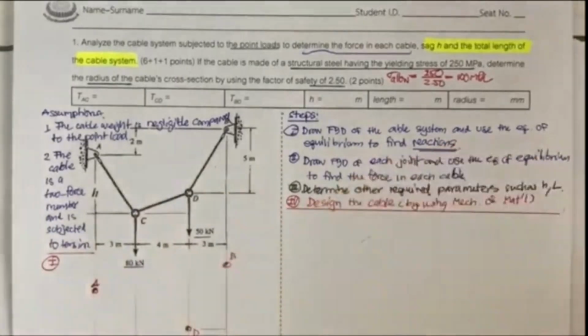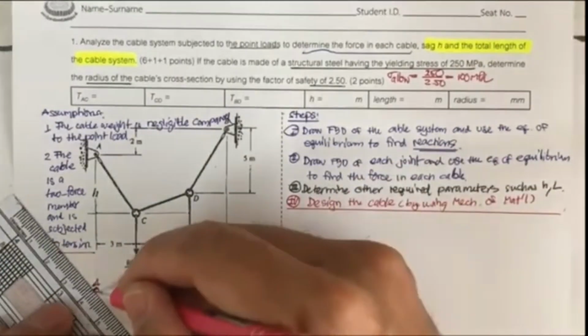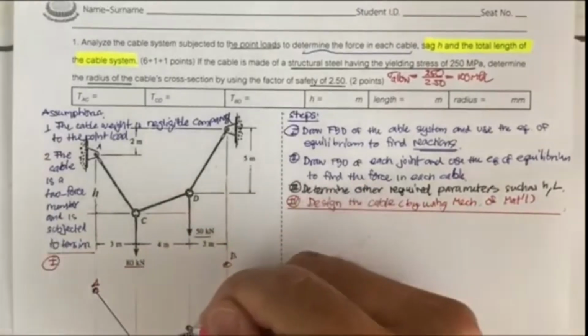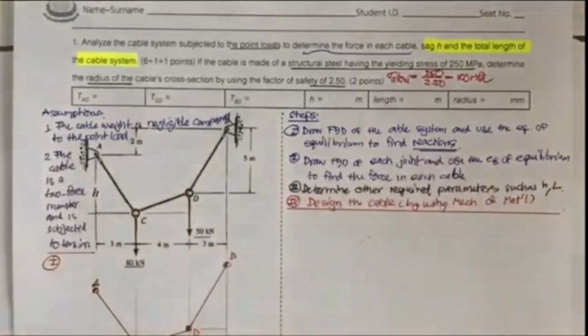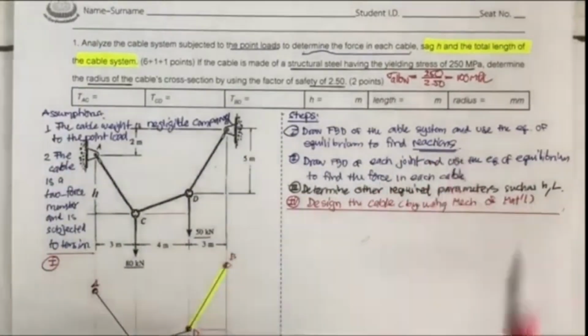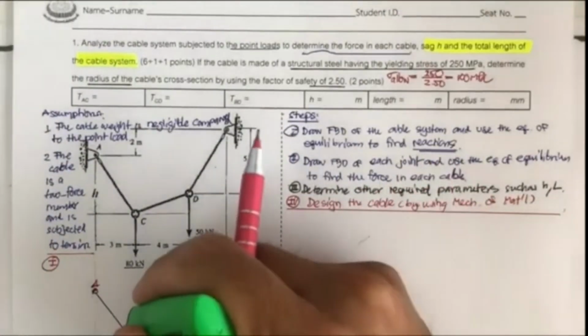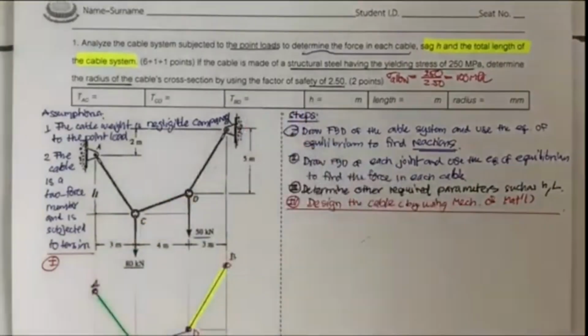Then you can connect all the cable like this. If you like, you may color this one yellow, this one green, and this one orange.